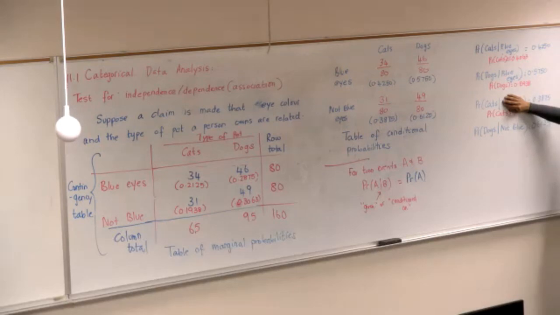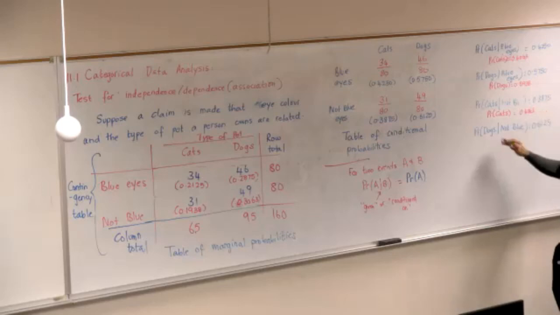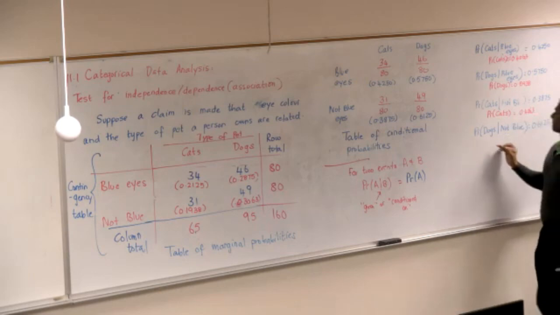Will it change? We're still looking at the probability of cats. Will it change? No, right? It's the same thing. Probability of dogs given not blue, will it change? Still the probability of dogs.